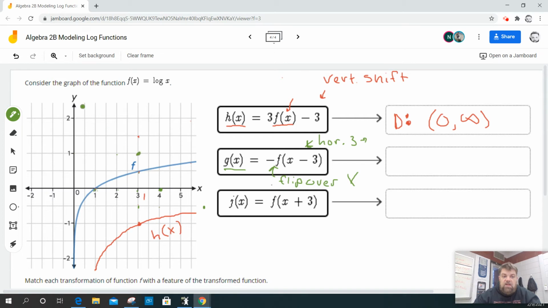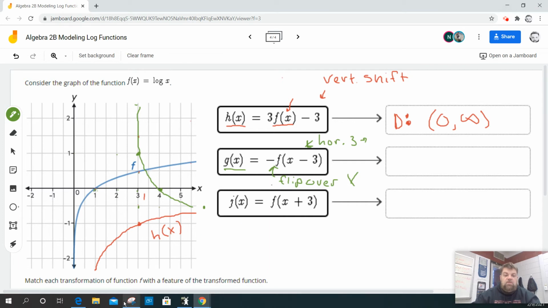Okay. So this will kind of look like, it should kind of look like that, right?